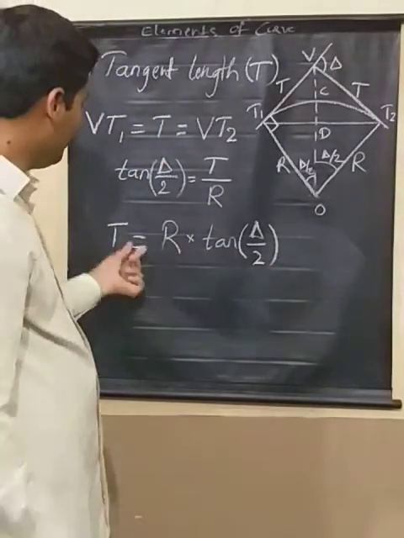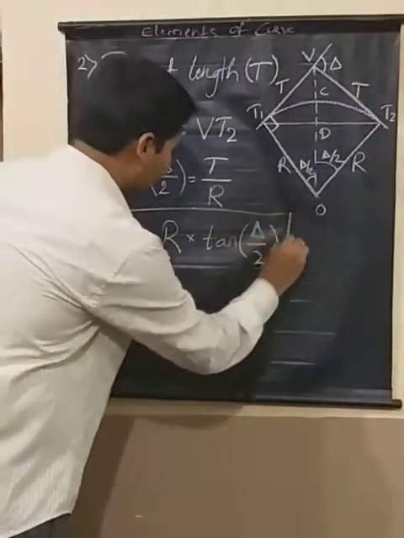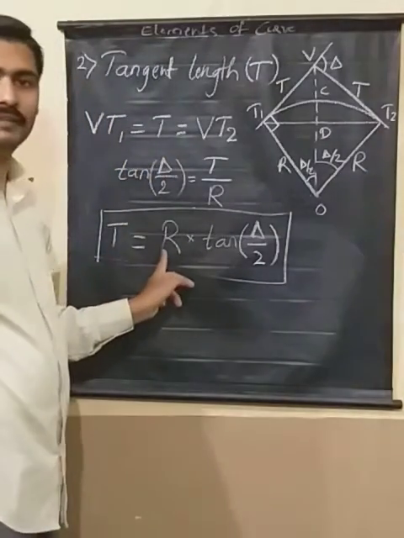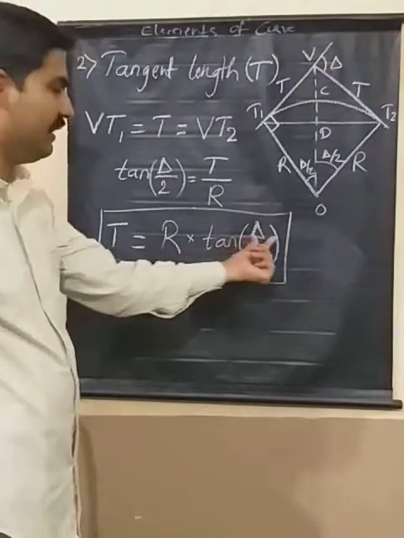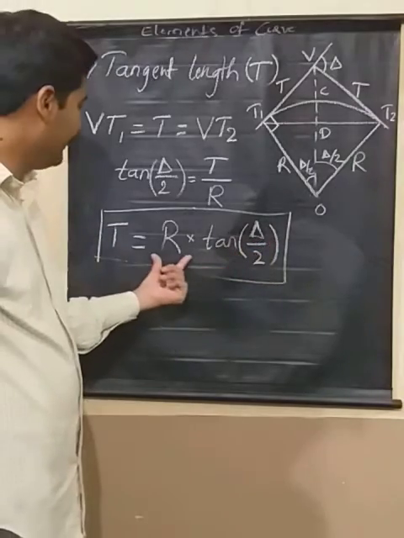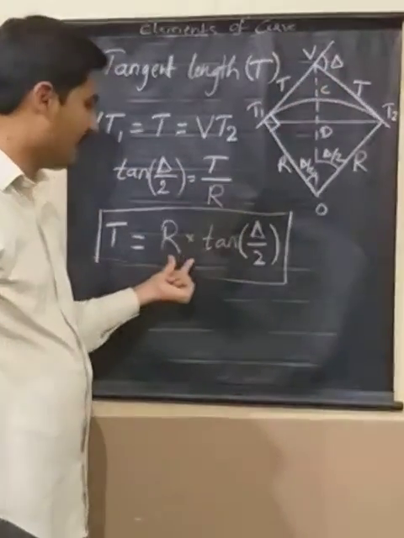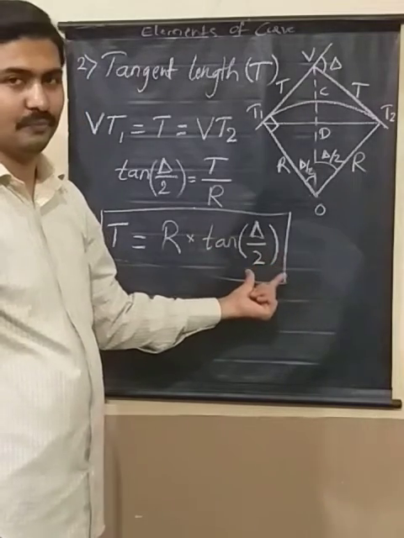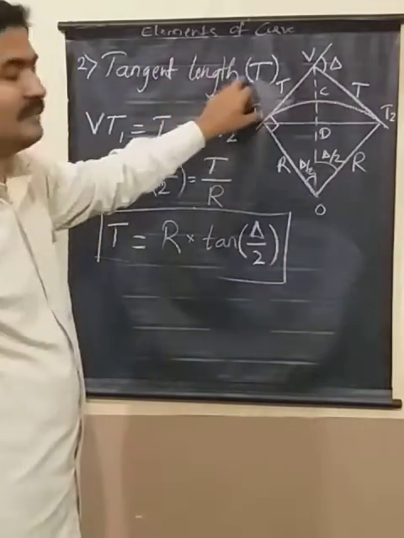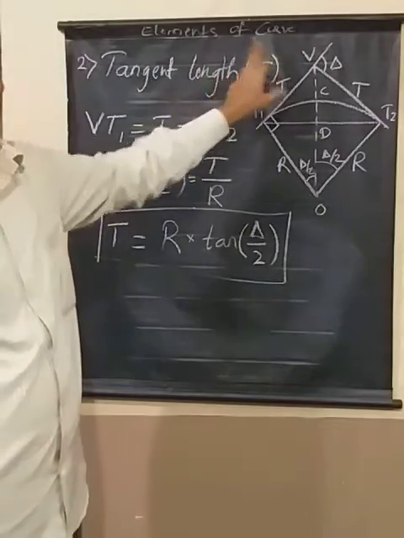Clear? So this is the formula for finding the tangent length. Radius and delta are known things, so you can easily calculate the tangent length, right? So that is R tan delta by 2. Clear? So this is the second element of the curve, that is tangent length.